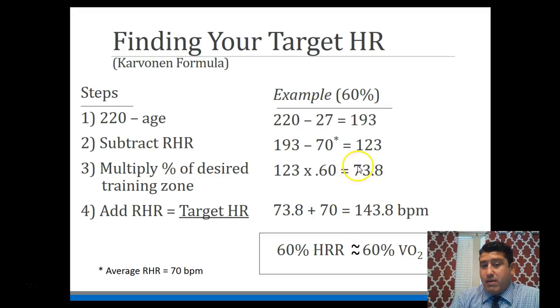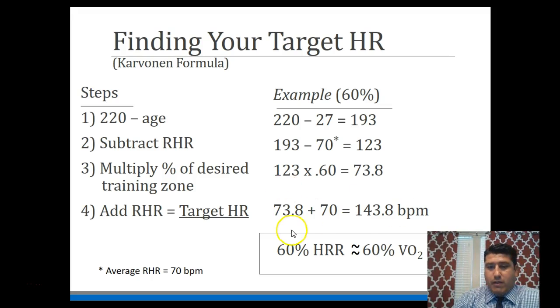This number really doesn't mean anything because you have to add back the resting heart rate. Okay, so whenever you add this number to the resting heart rate, you get 143.8 beats per minute. That's the lower anchor of that 60 to 70% training zone.